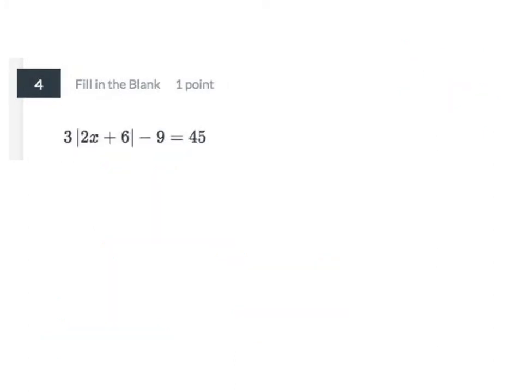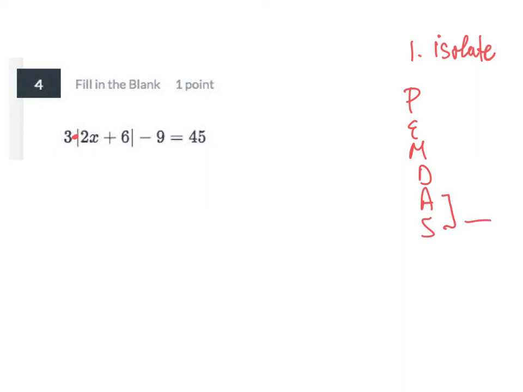Number 4, again, we are isolating. Who needs to move first? We're going to think about it as if we're solving an equation. We have 3 times the absolute value, and then we have minus 9. So PEMDAS backwards. We're going to start with addition or subtraction.